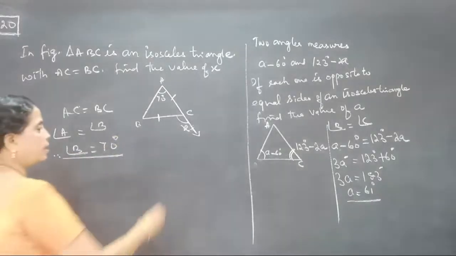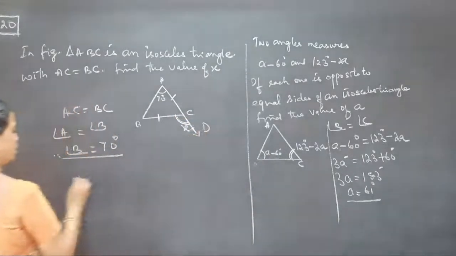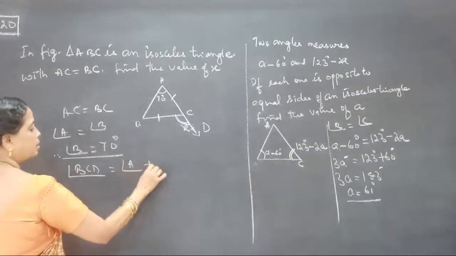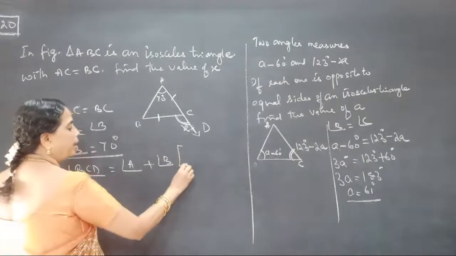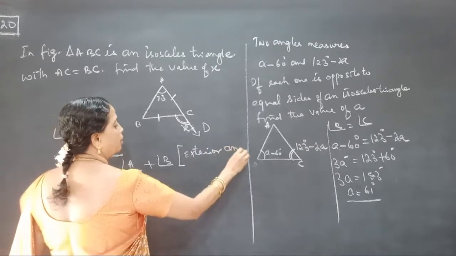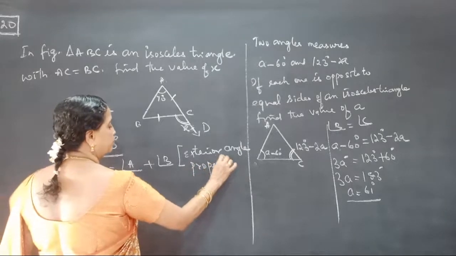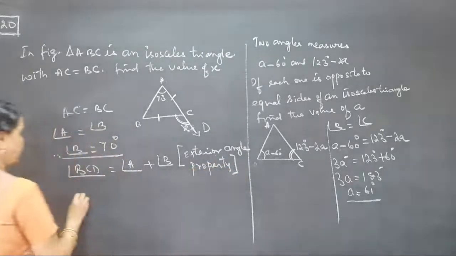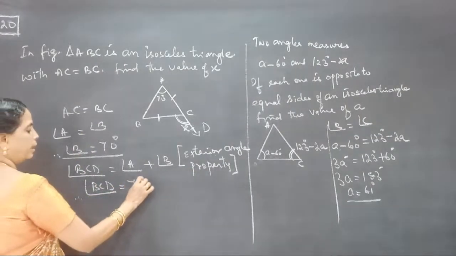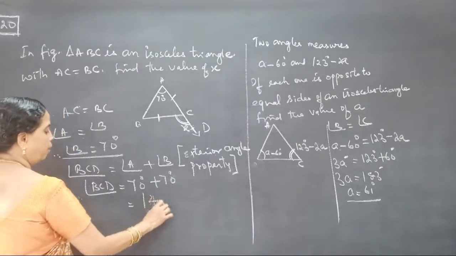And now apply the exterior angle property. Name this point as D. Angle BCD equals angle A plus angle B. In the bracket you write exterior angle property. Therefore, angle BCD equals 70 degrees plus 70 degrees. It is 140 degrees.